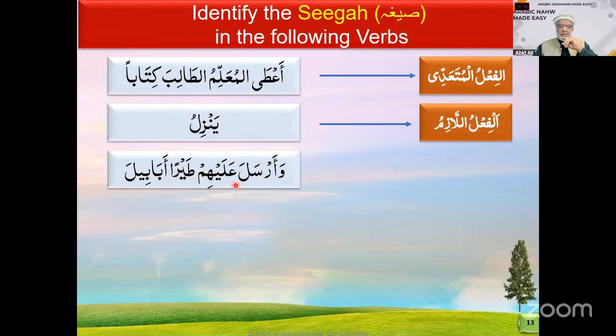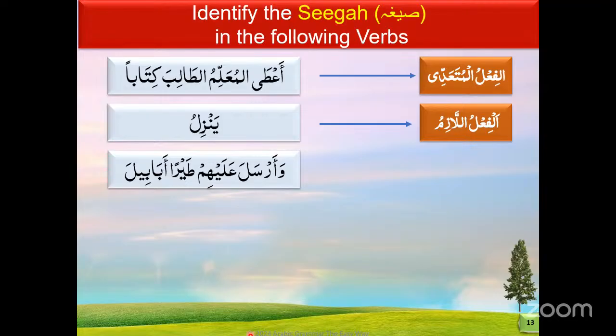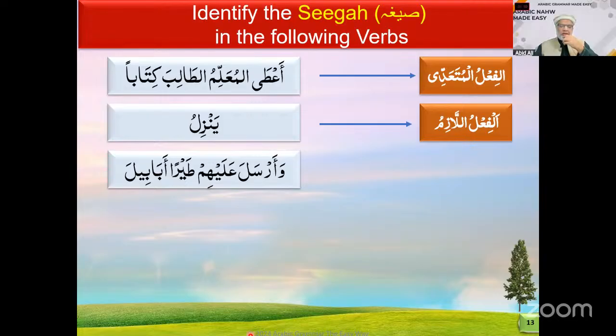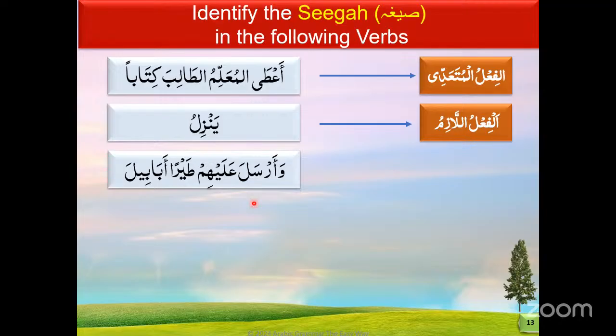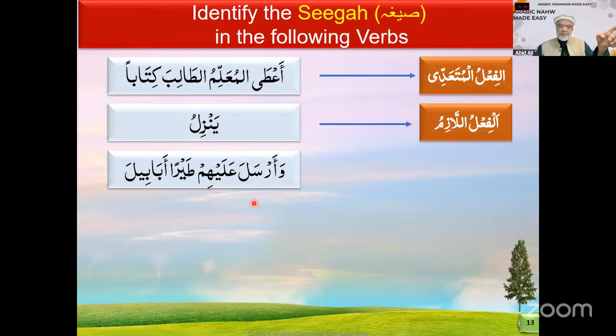Now in this sentence, is arsala Thulathi Mujarrad or Thulathi Mazeed Feeh? Thulathi Mazeed Feeh. Do you know which Bab it is from? If I give you a hint, akhraja and arsala seem the same. So akhraja was which Bab? Bab 4. Very good. But what is the name of Bab 4?